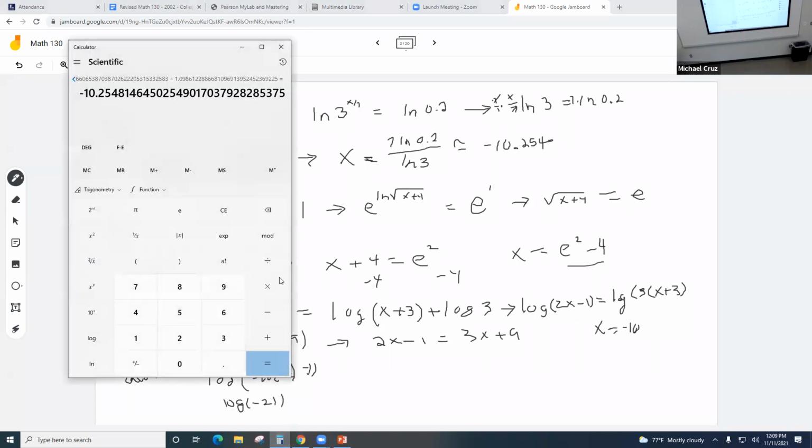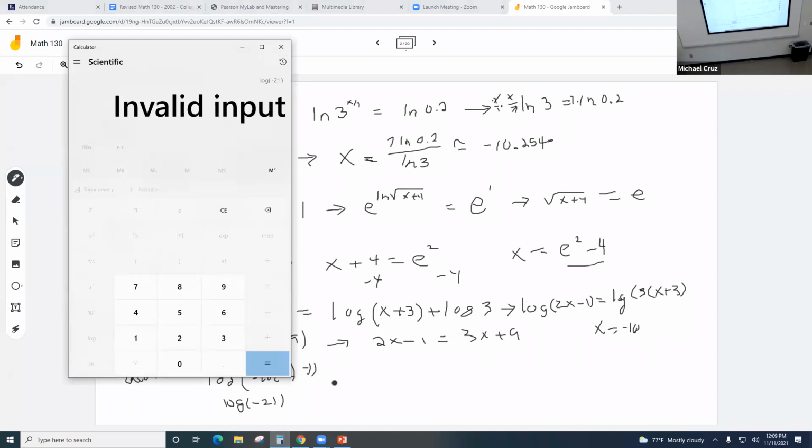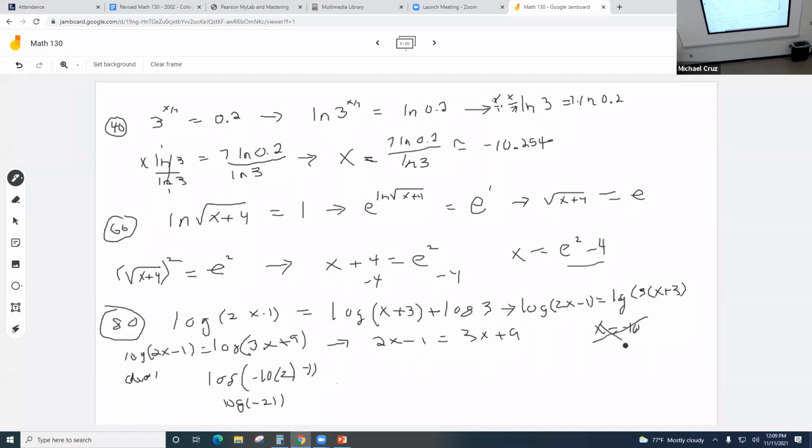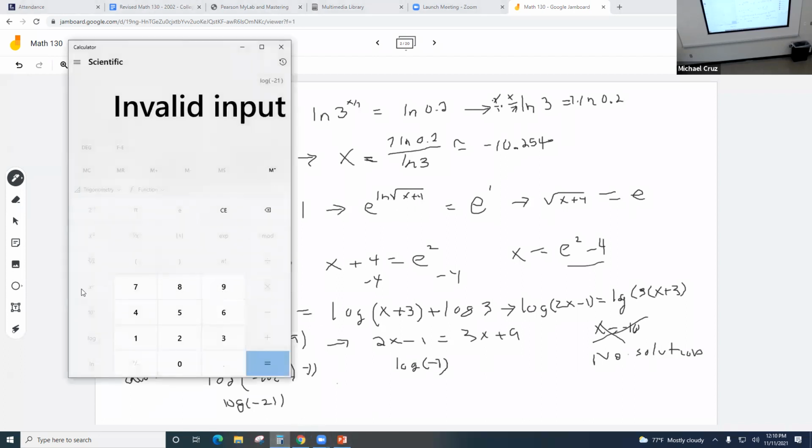If you try to evaluate that, of course, that's not going to work. So we got to throw it out, so there's no solution. Same thing would happen on the other side too, just to show you. If we put negative 10 in there, negative 10 plus 3 would be negative 7, and that's not going to work either, because it's got to be positive.